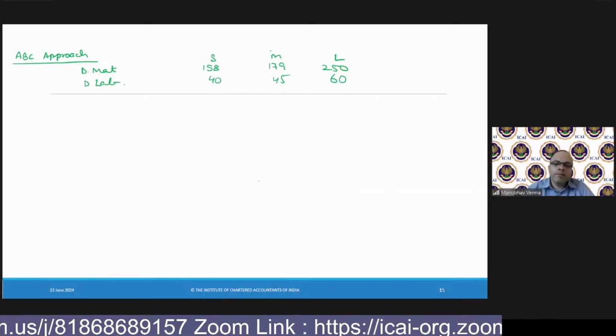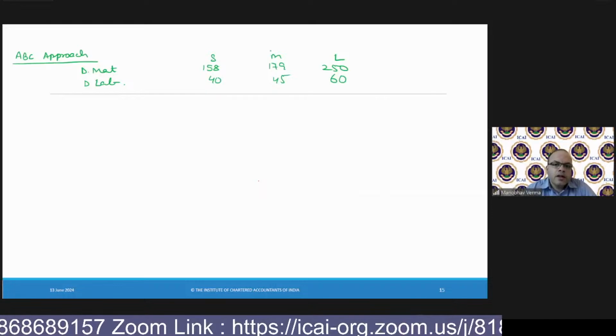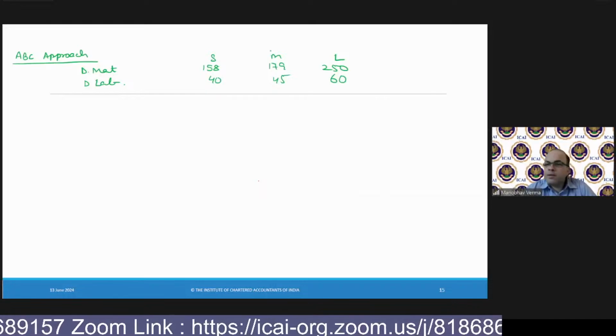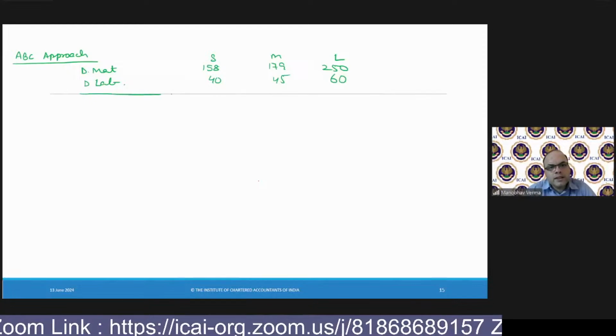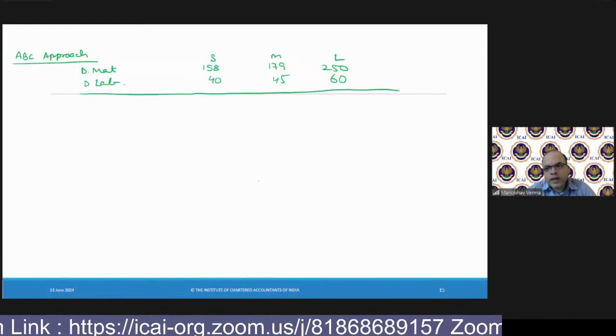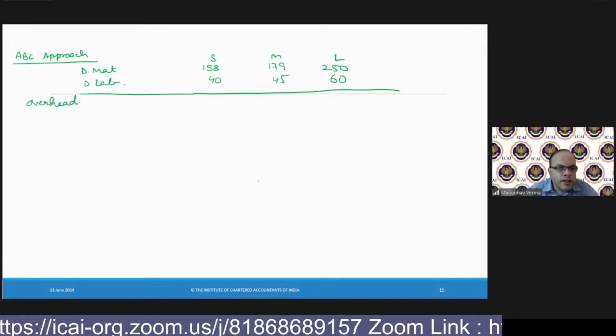So my material and labor is not changing, so that stays as it is. You can call it the prime cost or whatever. But what we need to work upon now is overheads. Just drawing a line here. We'll now allocate the overheads based on the workings we just did.